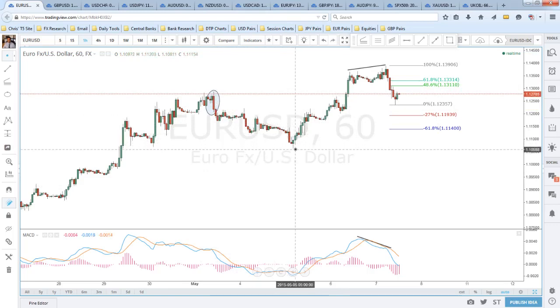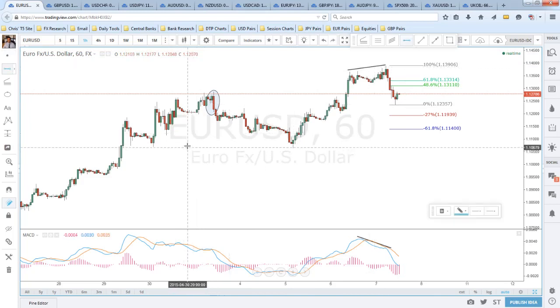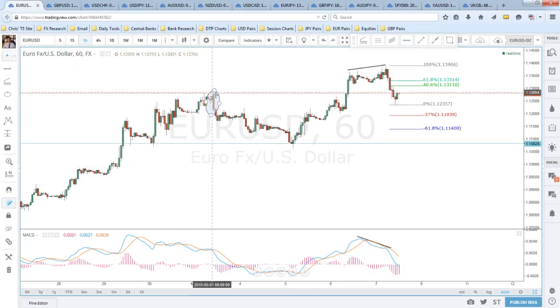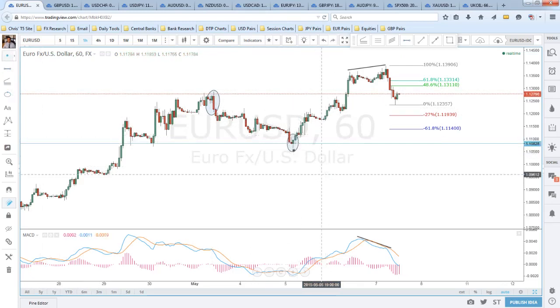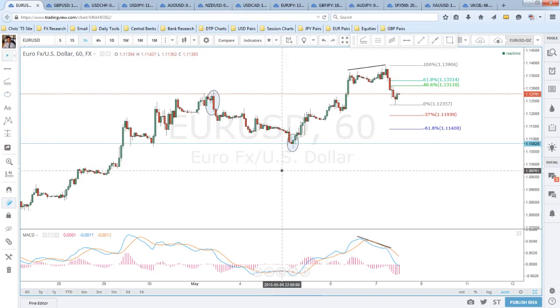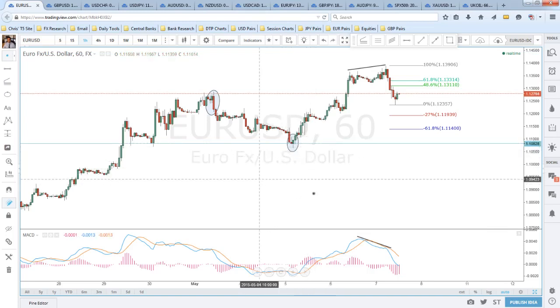Then again, right here, as we came down to test this support level at the end of a double correction, we had another candle. Actually, both of these candles indicate a potential turn. One of them is called, I believe, a hanging man, the first candle here, the red one, and then the green one obviously is an inverted hammer.